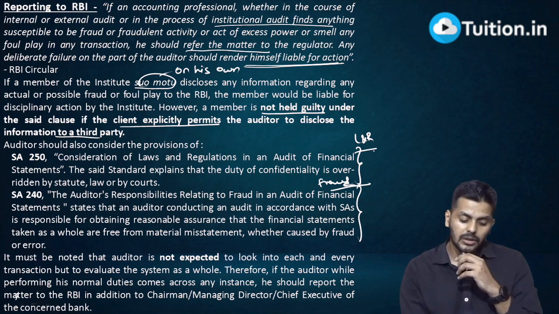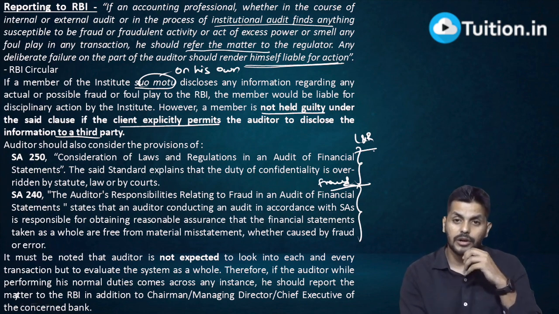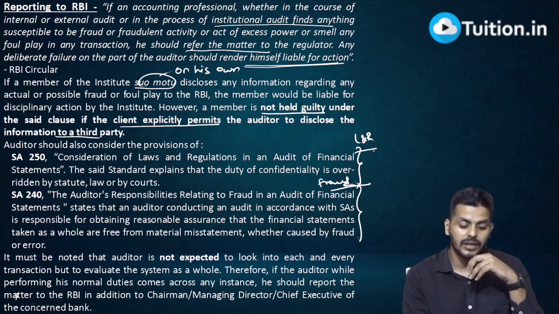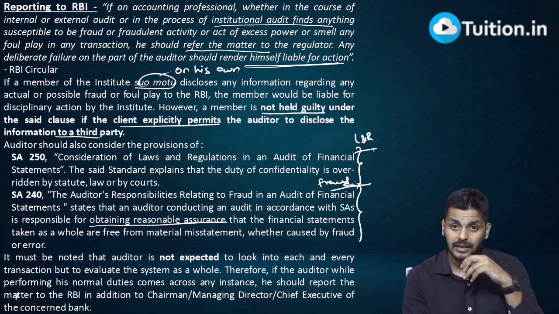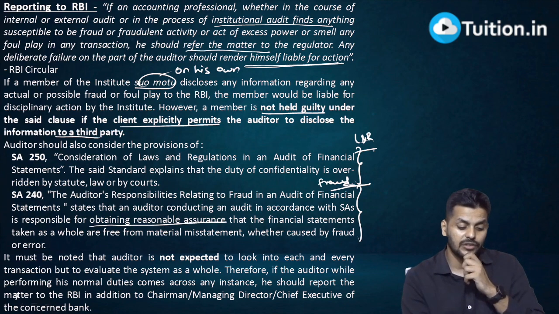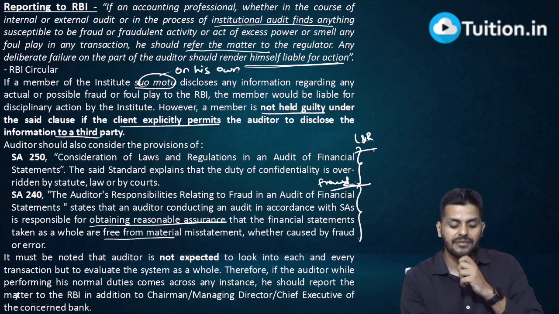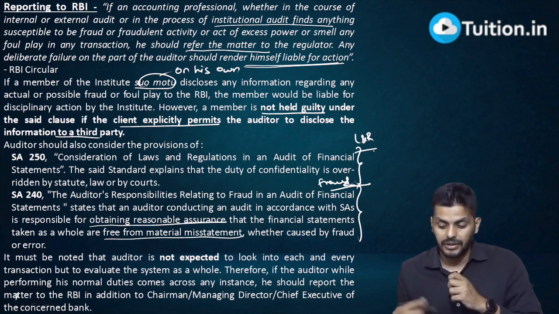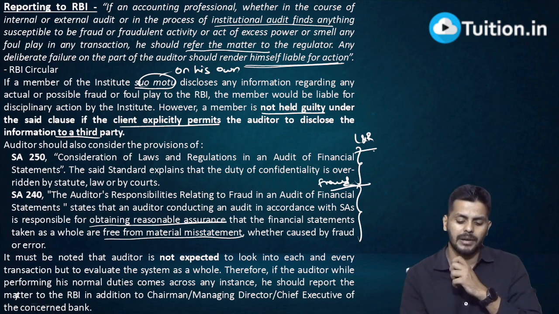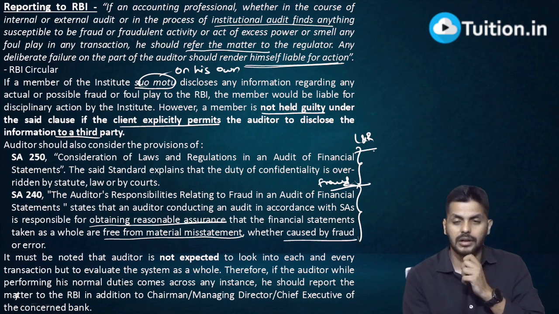Standard number 240, auditor's responsibility relating to fraud in an audit of financial statements, states that an auditor conducting an audit in accordance with standards is responsible for obtaining reasonable assurance that the financial statements taken as a whole are free from material misstatement, whether caused by fraud or error.